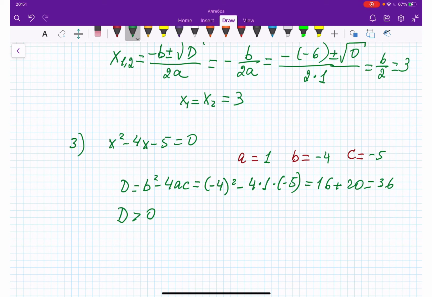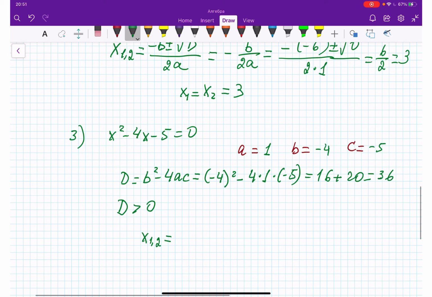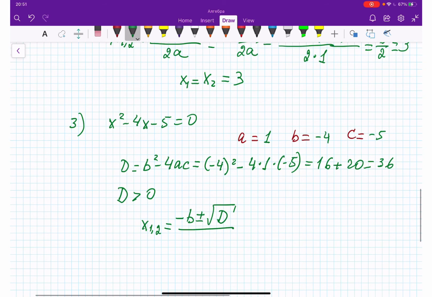All right, x1,2 is equal to negative b plus or minus the square root of the discriminant divided by 2a. Negative negative 4, plus or minus the square root of 36, divided by 2 times 1.